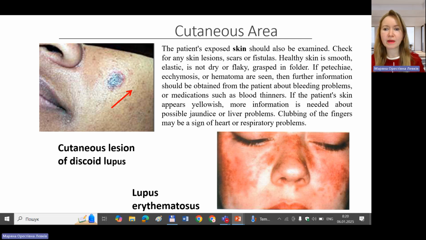Clubbing of the fingers may be a sign of heart or respiratory problems. In these pictures, just as an example, you can see the cutaneous lesion of discoid lupus and erythema of the face due to lupus erythematosus.